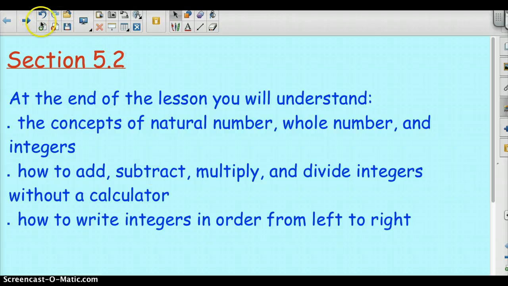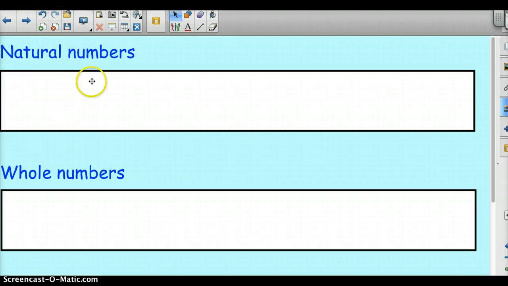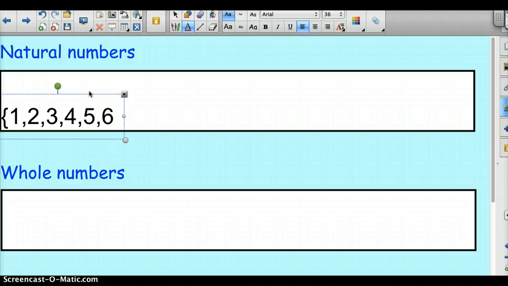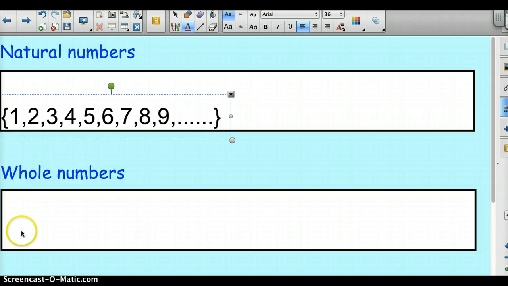So, here we go. Starting off, we are going to need a definition of whole numbers and natural numbers. Defining the natural numbers, once again, do not include 0, but they are the positives. Essentially it is the set that has 1, 2, 3, 4, 5, 6, 7, 8, 9, going on forever. Those are the natural numbers.